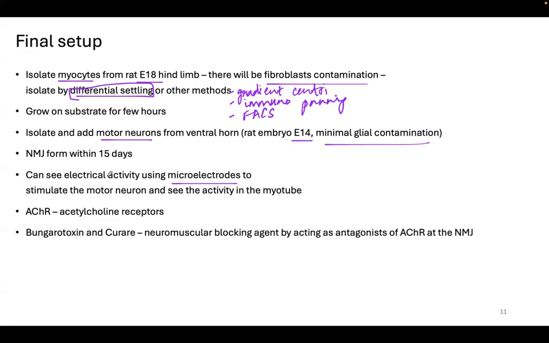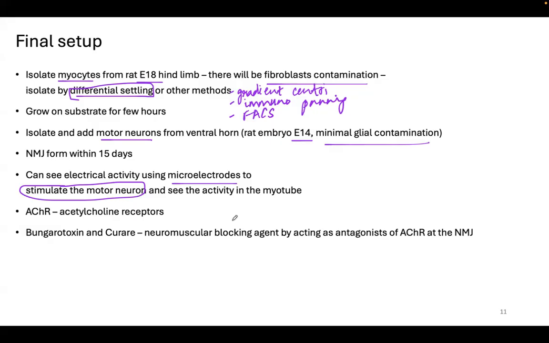That activity will consequently generate contractile force, which can be quantified by your microcantilever system. So your motor neurons have to be stimulated through this microelectrode. Again, you have your microcantilever, on that you have your ECM, and on that you have motor neurons and myocytes growing.